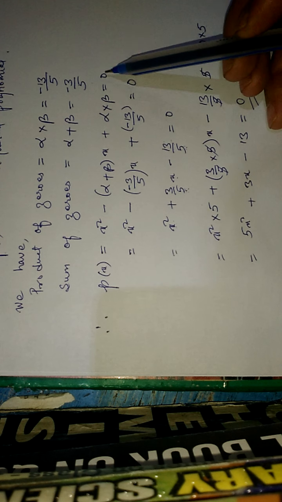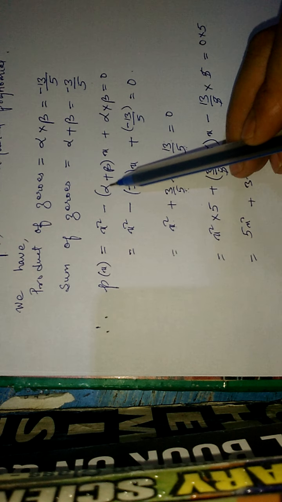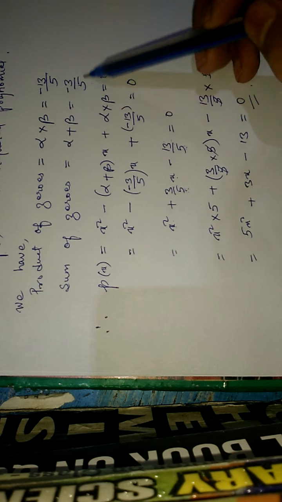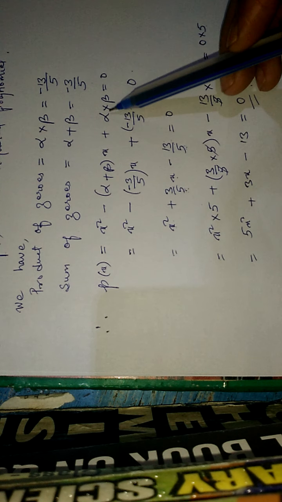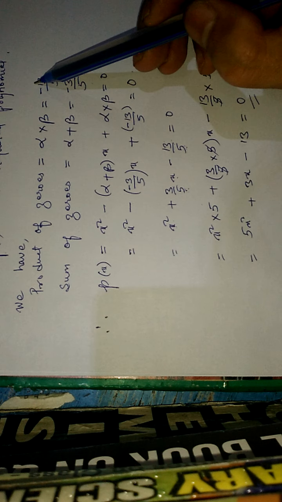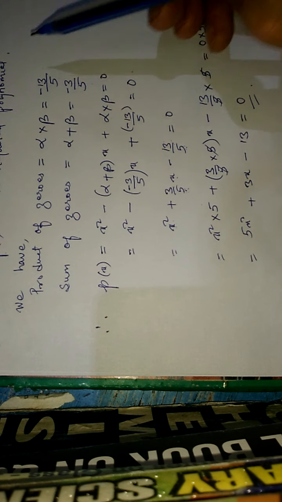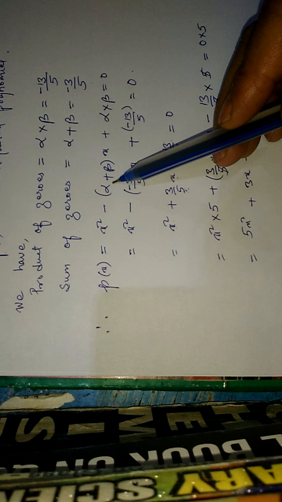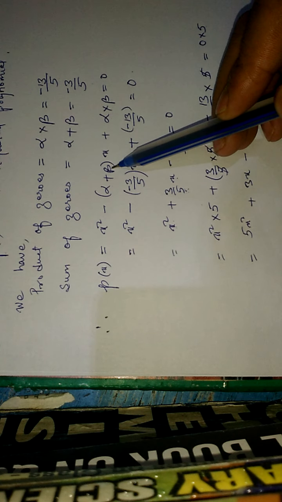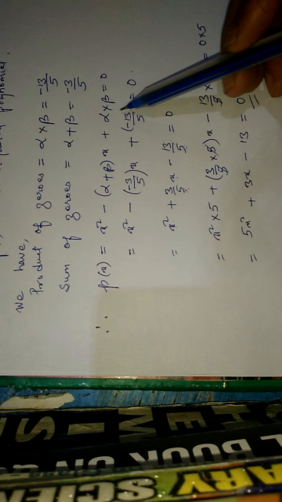Substituting these, we get x square minus (minus 3 by 5) x plus minus 13 by 5 equal to 0.